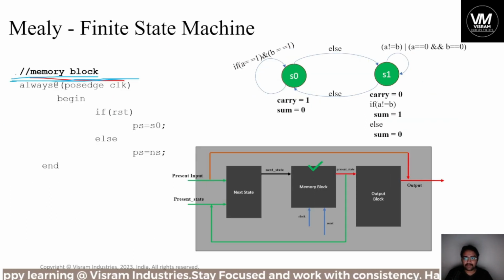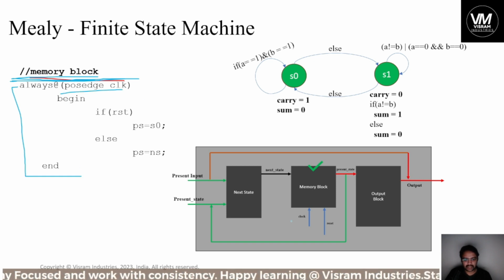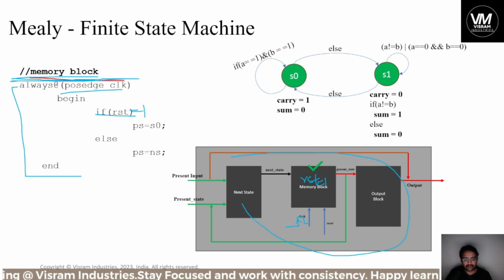Okay, come to the memory block. How is it written? This memory block is written always at the passage of the clock. At the passage of the clock, the memory block is enabled. And if reset means reset is equal to 1, reset is enabled. When it is enabled, all the blocks including the memory block should go to the initial position.